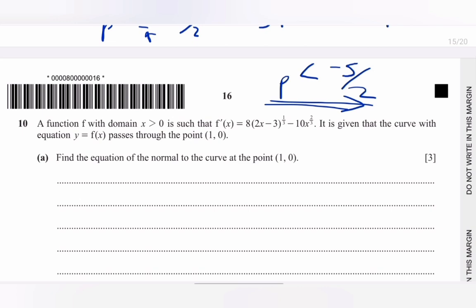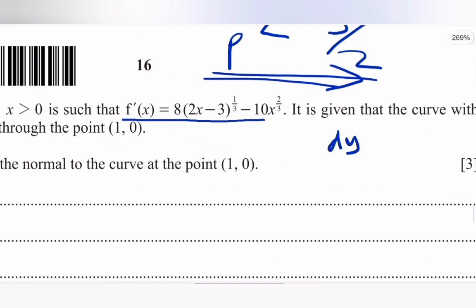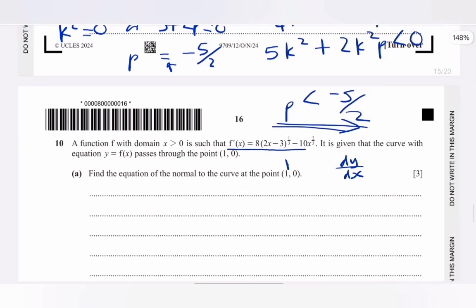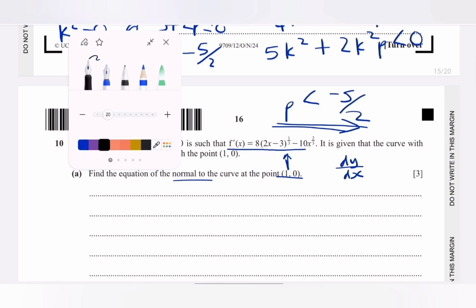So we're first going to get the gradient of the curve at that point. Since this is f prime of x, this will serve as our dy dx. So if we substitute 1 in there, we'll get the gradient of the curve at that point, and from there we'll get the gradient of the normal, and using this we get its equation.